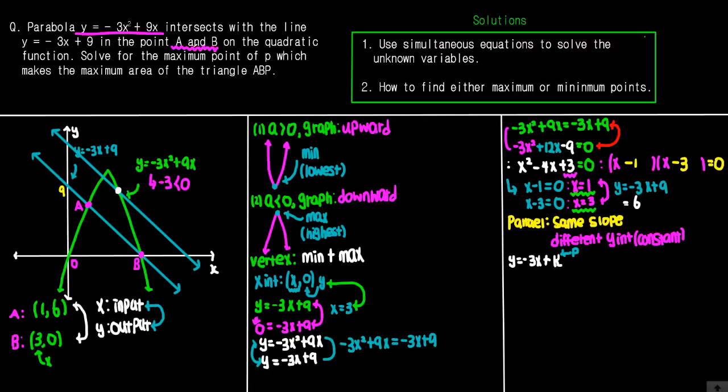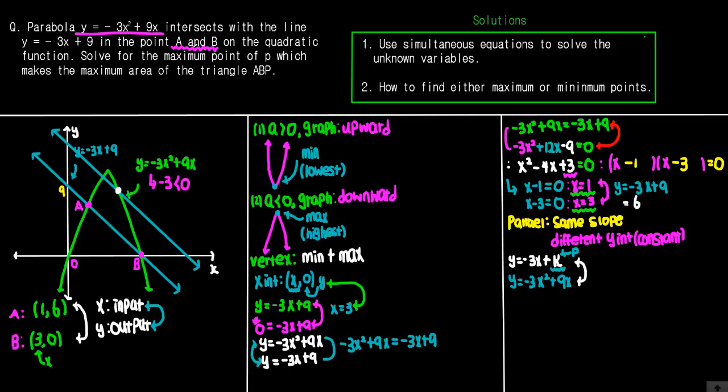The most important thing when it comes to solving for our k value is that we can use the information that this linear function intersects our quadratic function, which was y is equal to negative 3x squared plus 9x. Same as we did to find our A or B values, we need to use the elimination equation to solve for the unknown variables.